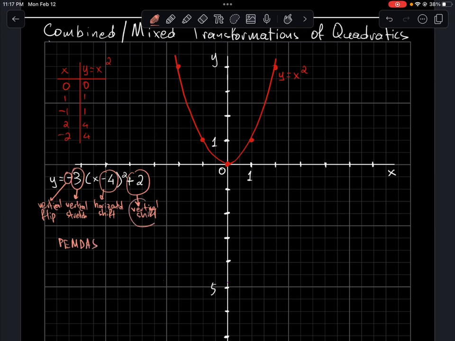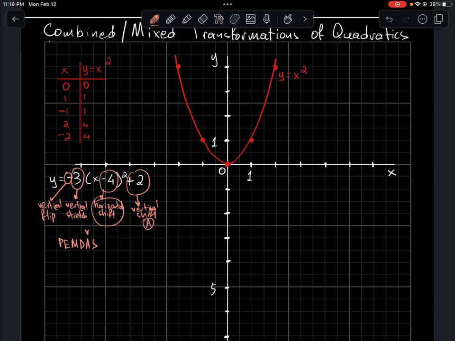Okay, let's start with the vertical shift. It's plus 2, so this is an addition. So I have an addition in my PEMDAS. The horizontal is by itself. The order of that would matter only if there was another horizontal, and that would be relative to that other horizontal.